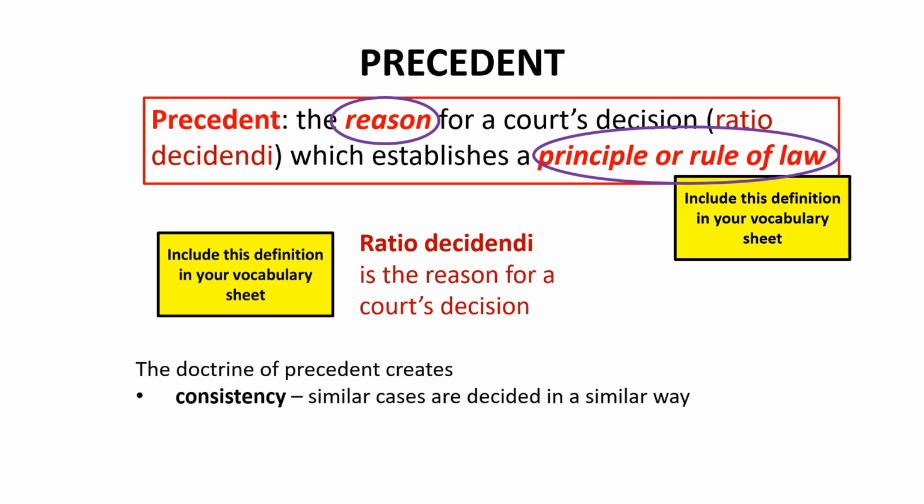The first advantage is that precedents create consistency. That is, precedent ensures that similar cases are decided in a similar way. So, for example, it might be that a court has created a precedent that a toy maker is liable in negligence if they manufacture toys for young children, and it's easy for those children to break off parts of the toy and put it in their mouth so that they choke.